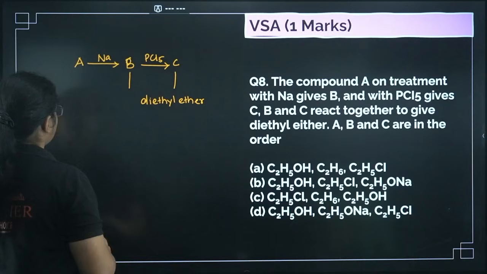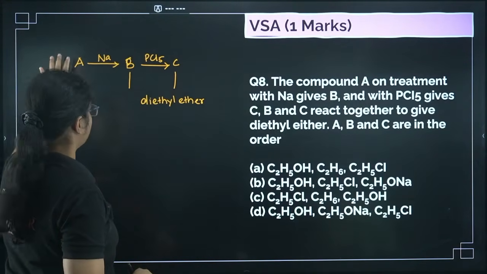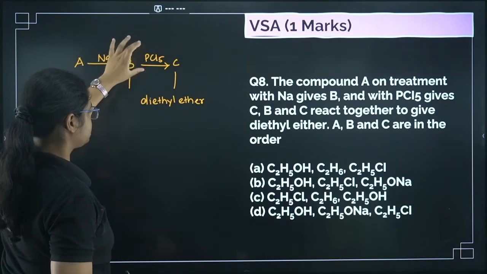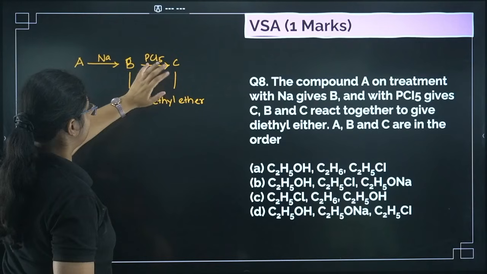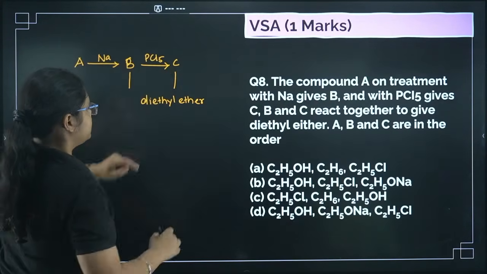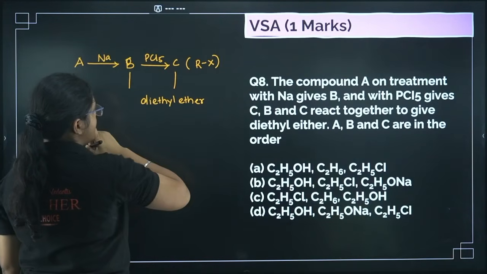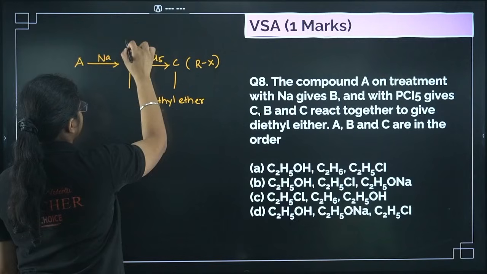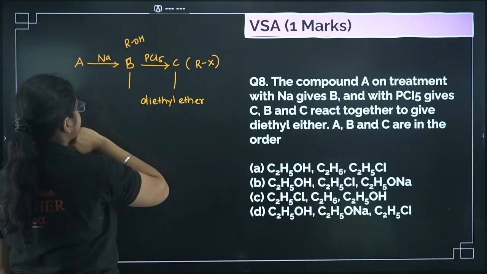First of all, when you treat it with sodium, you get B, and then we treat it with PCl5 to give you C. So C must be an RX, and this group has to be an ROH.